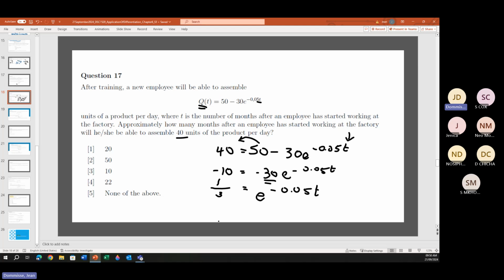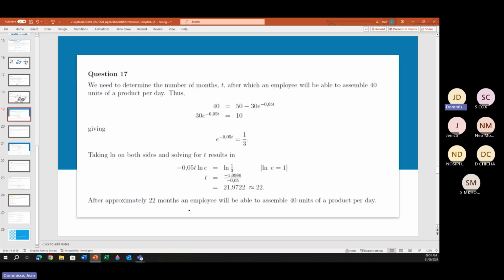How we do that is we take logs to both sides. So log of a third will mean that we can sit on this side with 0.05t. So that is the rule.